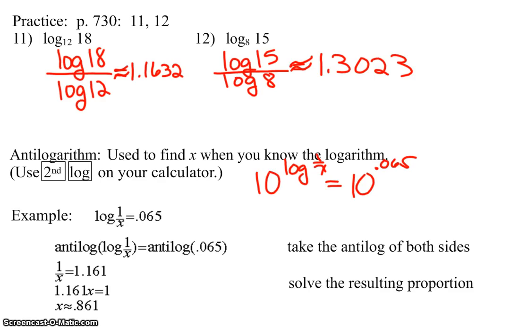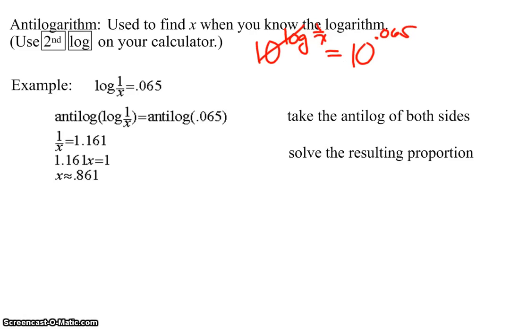Then I took the anti-log of both sides, or just pushed second and log, and that eliminates the log. After the log was eliminated, I had 1 over x equals 1.161. I multiplied both sides of the equation by x and solved the result and got approximately 0.861. It was actually approximately 0.8610, and we really should put that 0 in front of the decimal to keep our significant figures correct.